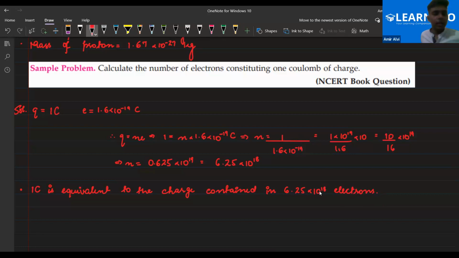Clear, everyone? It means that if you combine 6.25 into 10 to the power 18 electrons, you will get a charge of 1 coulomb. Any doubt so far? Please let me know fast.